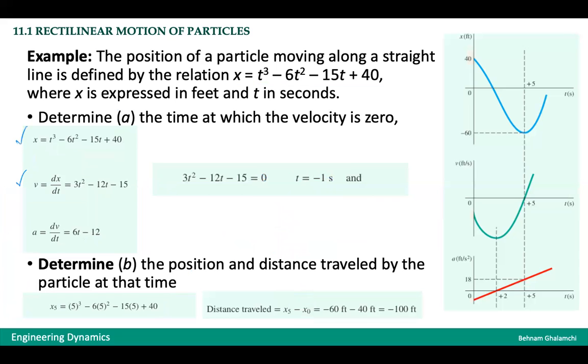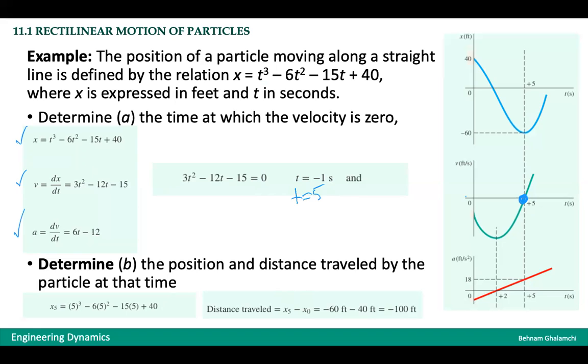If we use some computer tools like MATLAB to plot these three, displacement, velocity, and acceleration, that will look like this, and we can double check if everything is fine. For example, we already found that at t equals 5, velocity is 0, and you can see exactly here at t equals 5 seconds, the velocity is 0.